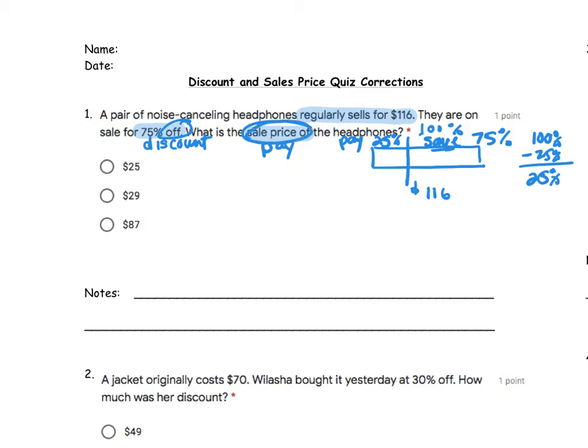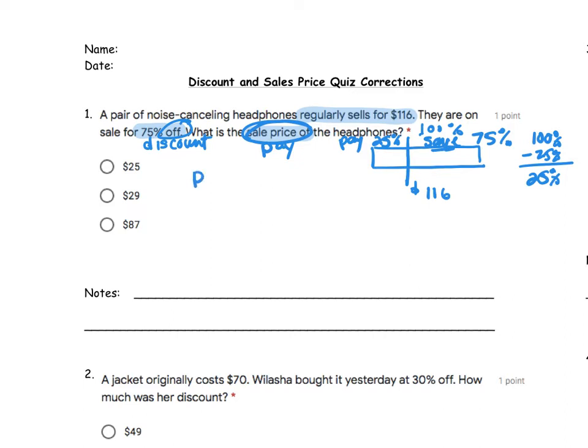We can use 75% and find the discount money, and then subtract it from the $116, or we can use 25% with $116 to go directly to the pay amount. So we have either choice. So I'm going to go ahead and do both equations so you see what can happen.